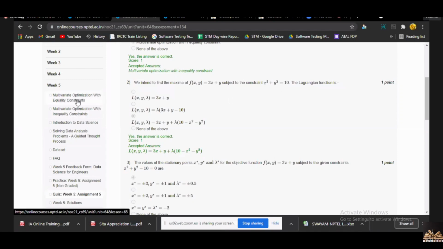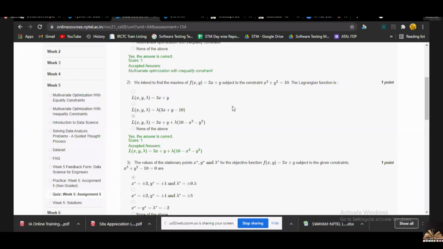They have discussed multivariate optimization with equality constraints in this video lecture. In the second video lecture, they have discussed multivariate optimization with inequality constraints. In an inequality constraint, we can use less than, greater than, less than or equal to, greater than or equal to, not equal to. All these operations we can use.